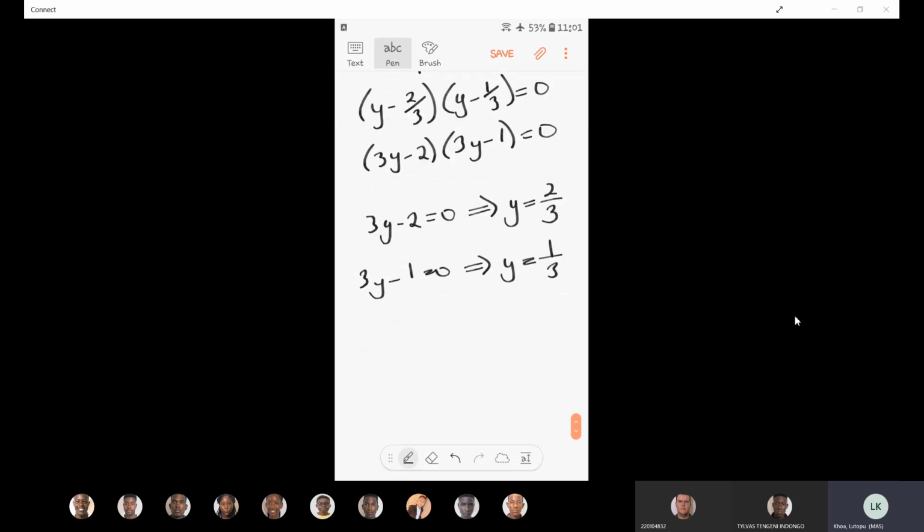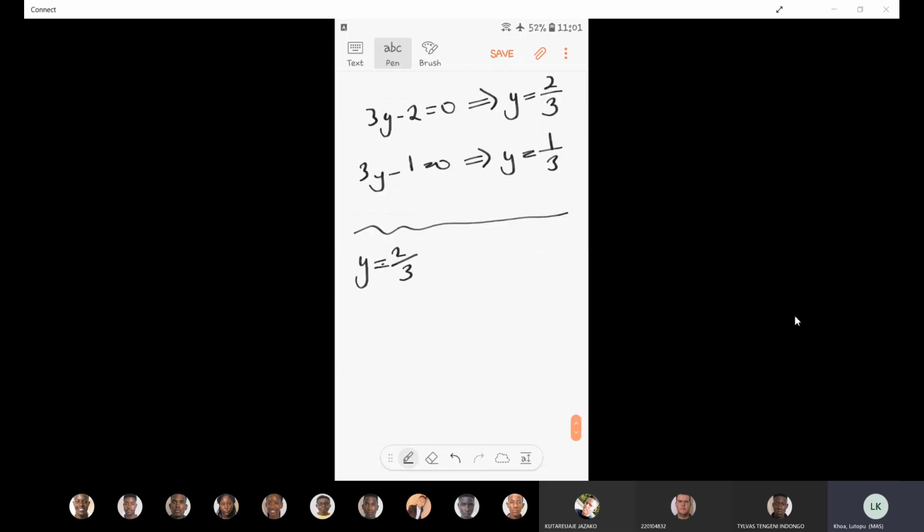The equation for x was 2 minus 3y. So when y is equal to 2 over 3, I have x is equal to 2 minus 3 times 2 over 3, and this gives me 0. So the first solution is 0 and 2 over 3.